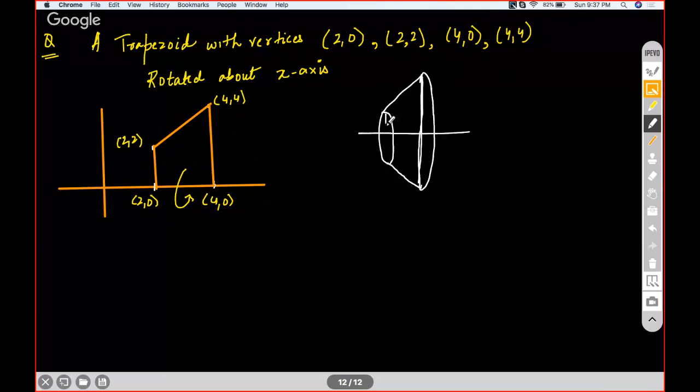Basically, this is made from a trapezium. This is a trapezium part. This is a disc.